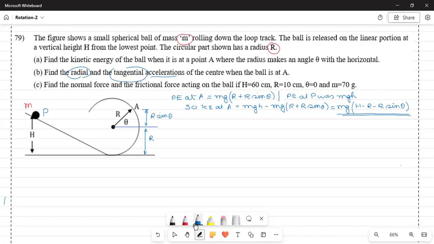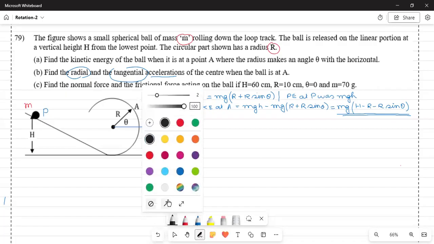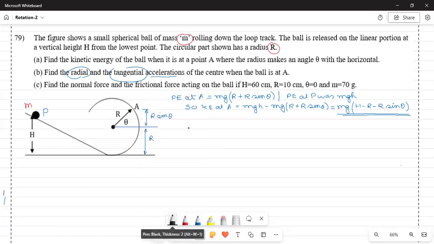So going to part B, we will do it this way. Kinetic energy of pure rolling, we have done it earlier, is 7 by 10 mv square, right?